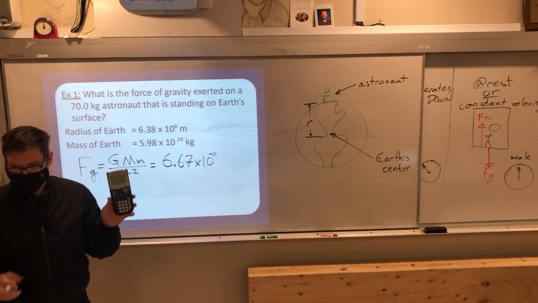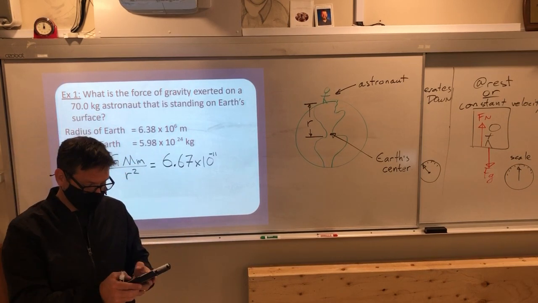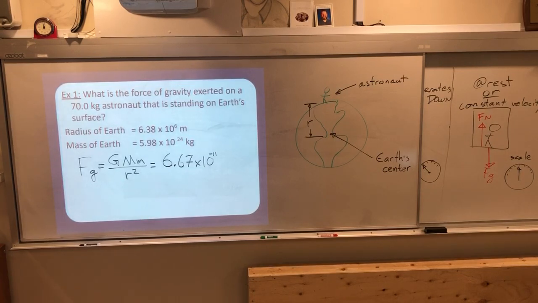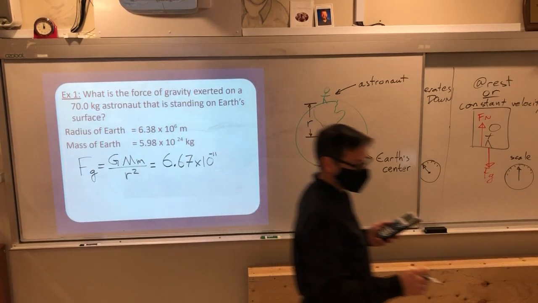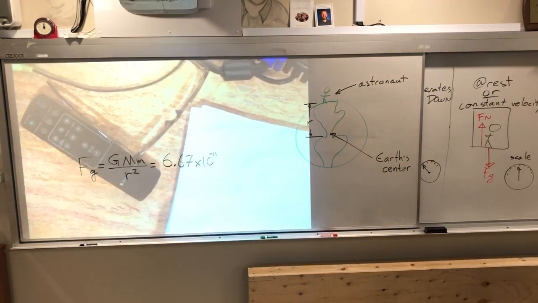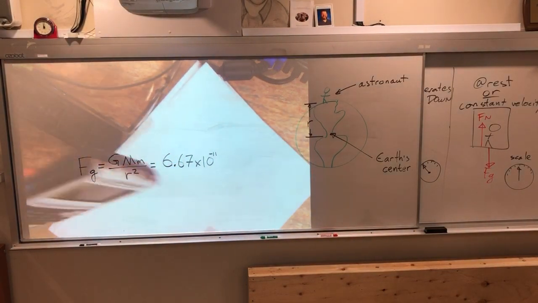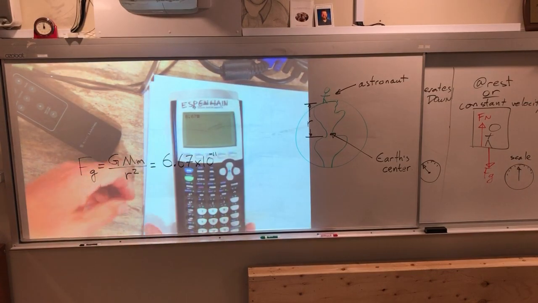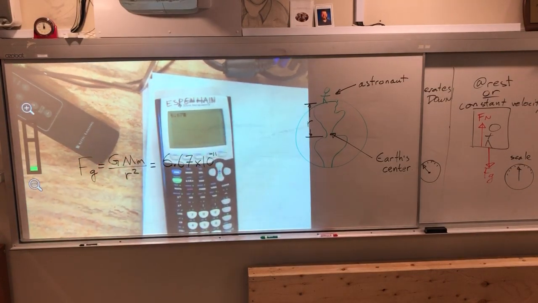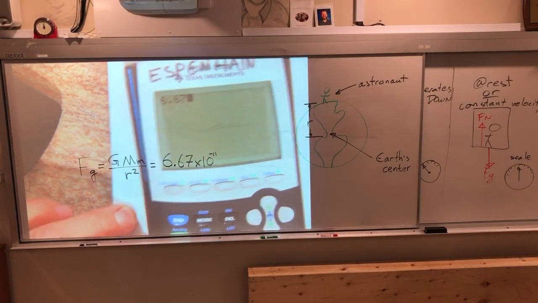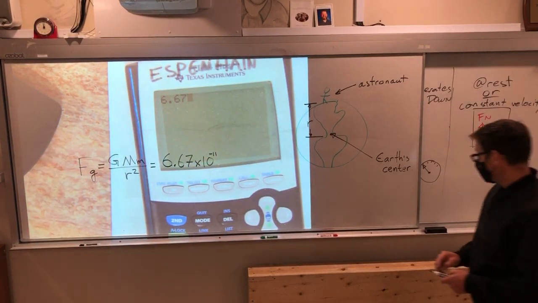If you want to put that number in your calculator, you can put in 6.67. And then, maybe I'll do this over here so you guys can see. You plug in your 6.67.